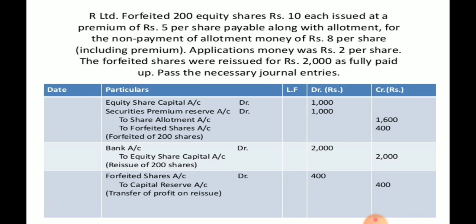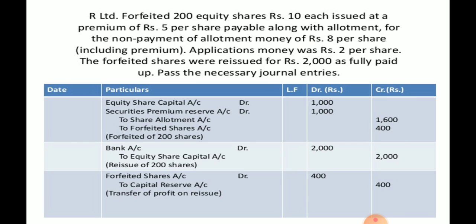Here is an example. R Limited forfeited 200 equity shares of rupees 10 each, issued at a premium of rupees 5 per share, payable along with the allotment, for non-payment of the allotment money of rupees 8 per share, including premium. Application money was rupees 2 per share.